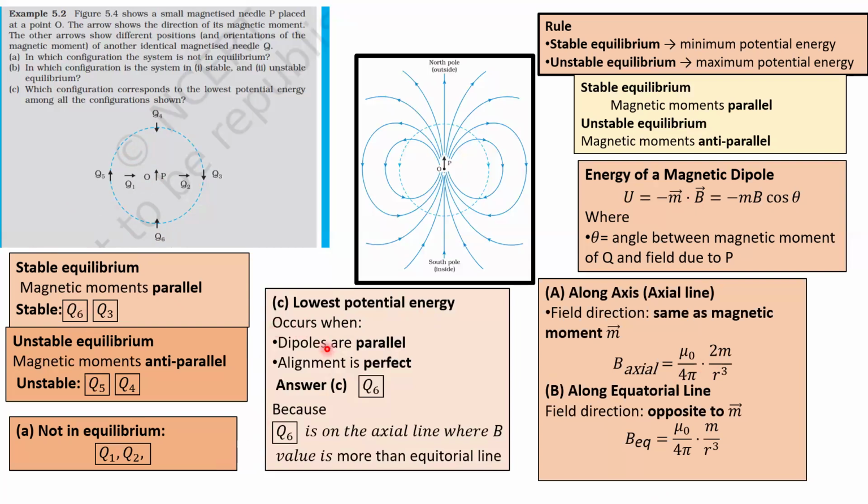The lowest potential energy is along Q6, where the dipoles are parallel. Q6 is on the axial line where the B value is more. The energy is negative, and if you substitute the larger B here, it becomes more negative, meaning minimum. So Q6 potential energy is minimum.